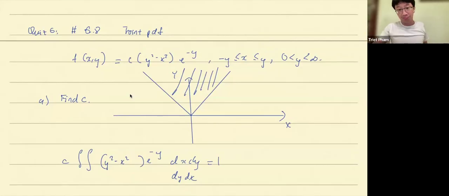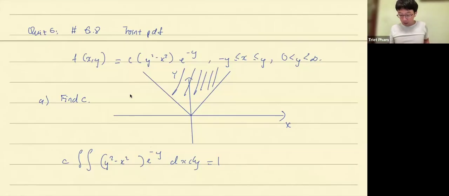Answer: I think dx dy might be better here. Why? Because if you do dy first, then you're going to end up dealing with integration by parts, which is not that bad, but let's see if we can avoid it.